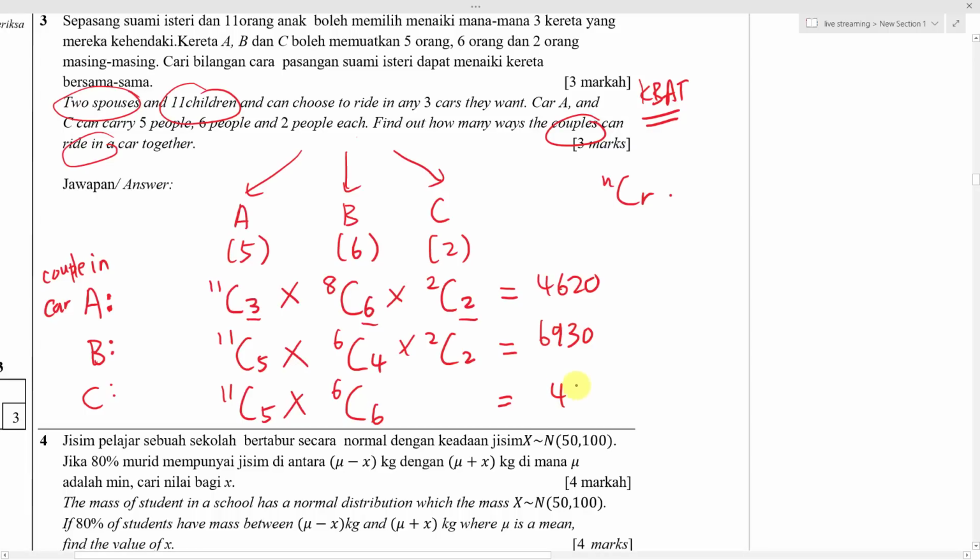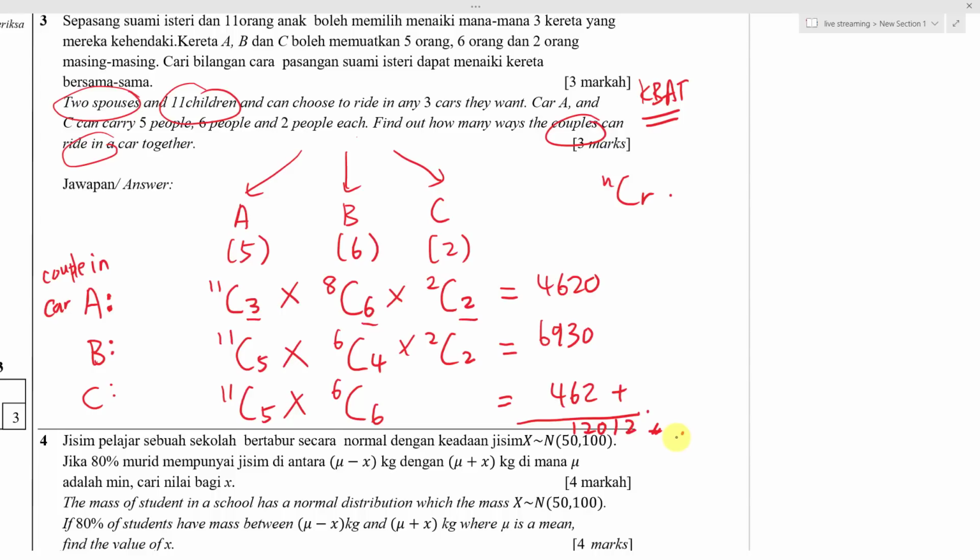This is 462. So if I add all of them together, plus 6930 plus 4620, my final answer should be 12,012. Alright, this is how we do this kind of question. I hope my result is correct.